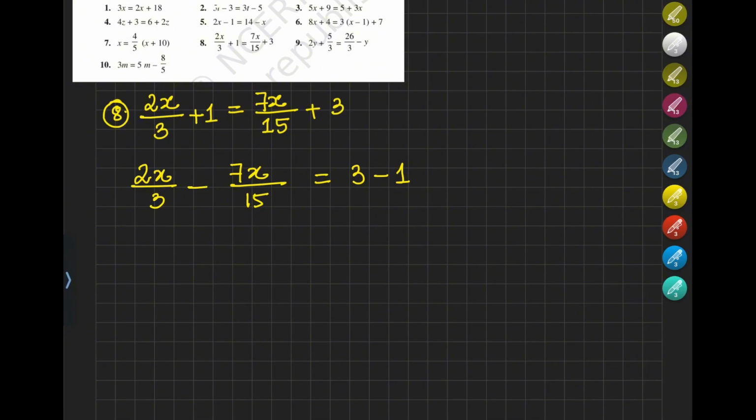Now we see that the denominators are not the same. So to get the same denominator, I multiply this fraction with 5. So now my equation becomes 10x/15 - 7x/15 = 2.